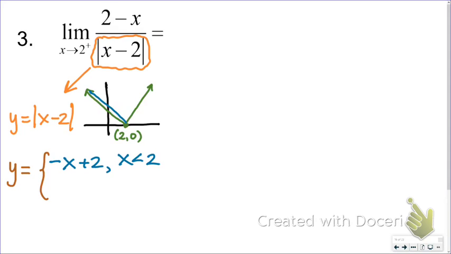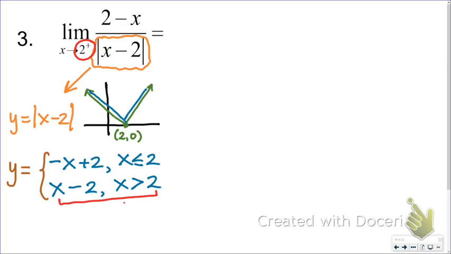And then this other side over here is x minus 2, the slope is 1, and the y-intercept is negative 2, and that happens when x is greater than 2. Now, you could put the or equal to with either piece of this, okay? All right, this 2 plus is greater than 2.